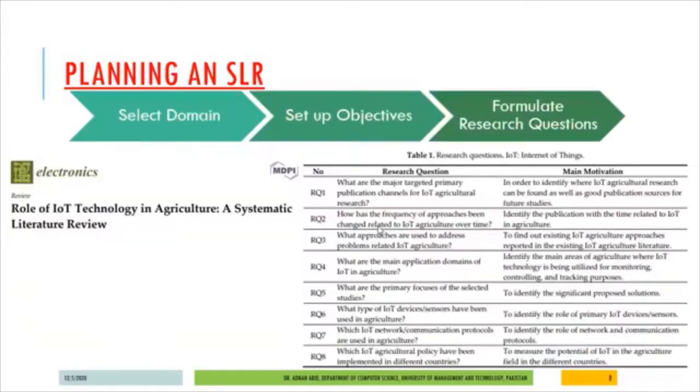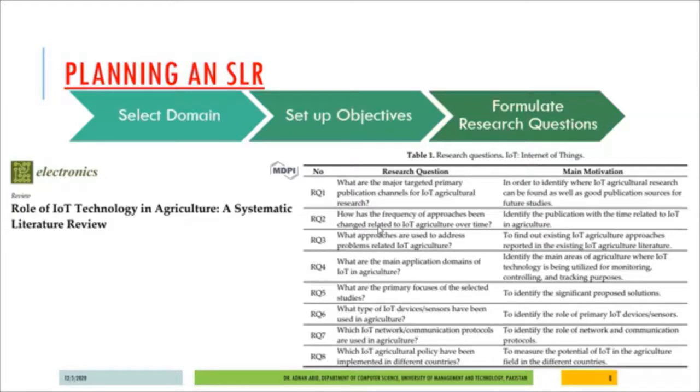Let's start with the planning part. In planning, we select the domain, we set up objectives, and we formulate research questions. And obviously, I have already mentioned that we need to assure that there is a need for writing such a survey, and there is no existing survey already published with good quality outcomes.